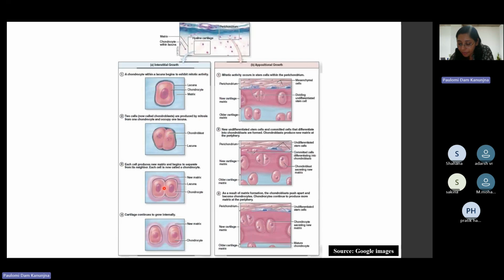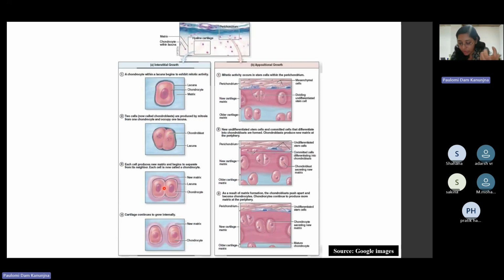This interstitial growth mainly happens in cartilage. Just imagine this process: you have one cell which is now dividing into two. It requires more space, so the cartilage also increases. It increases the cartilage volume or length.